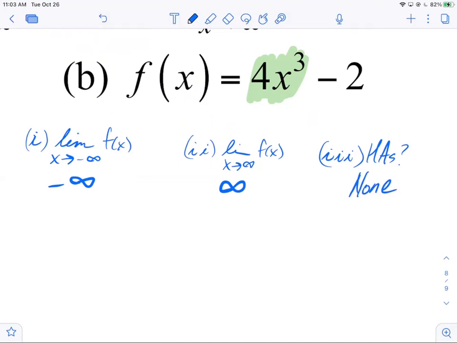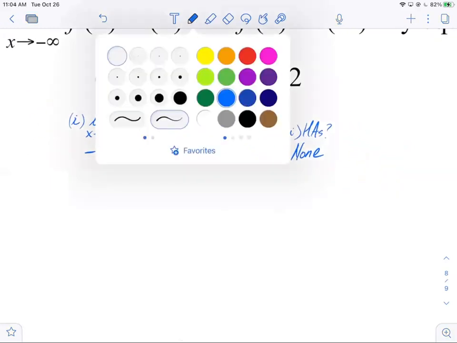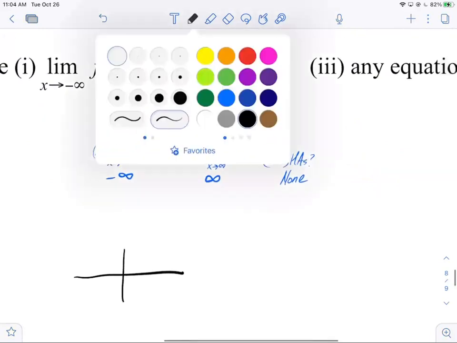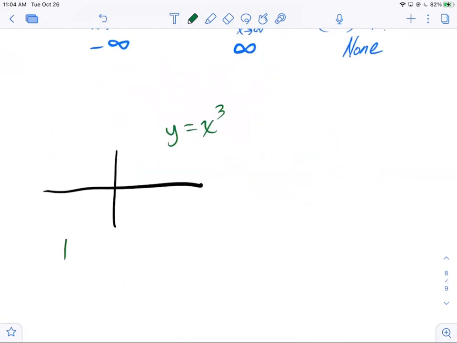Now, let's go ahead and do this one also by transformation and verify. We should get the same answer because this is a parent function y'all should know. So let's review it. What is the parent function to 4x cubed minus 2? Well, just what's the equation of it? You're right. It's just x cubed, right? And x cubed is a weird squiggly, as you said.